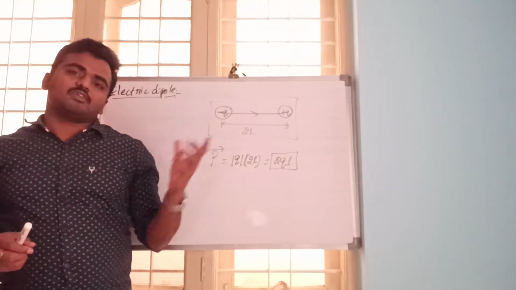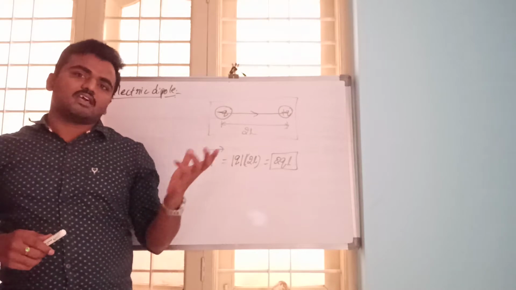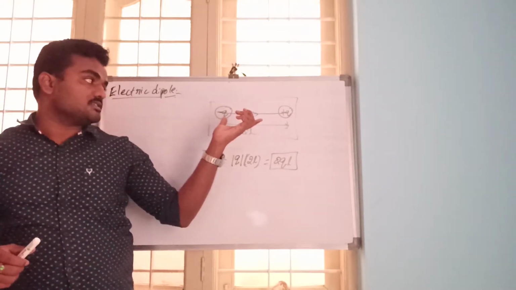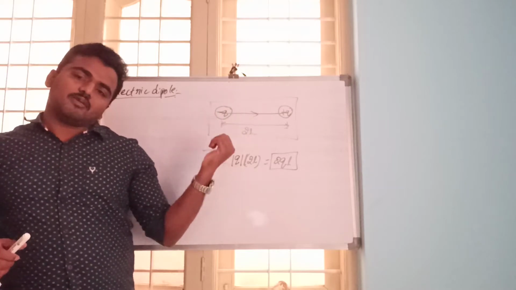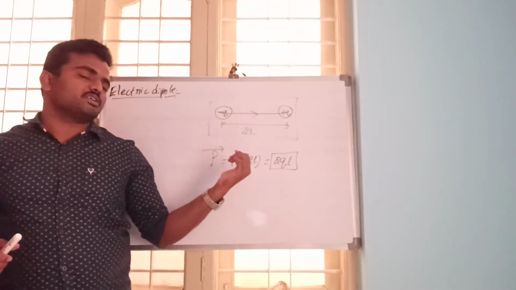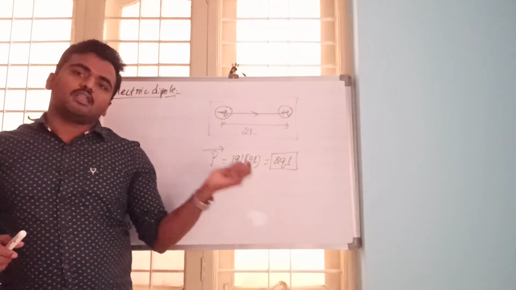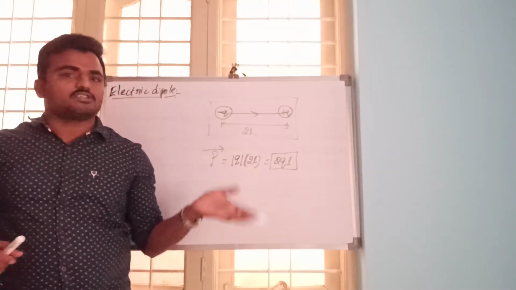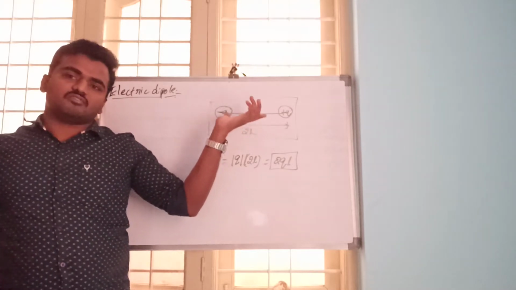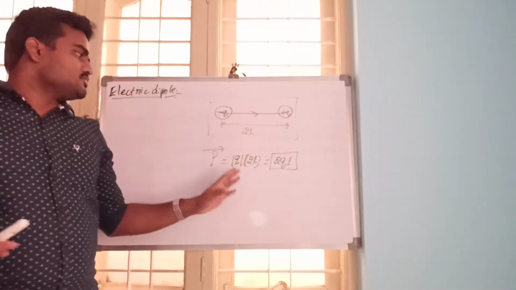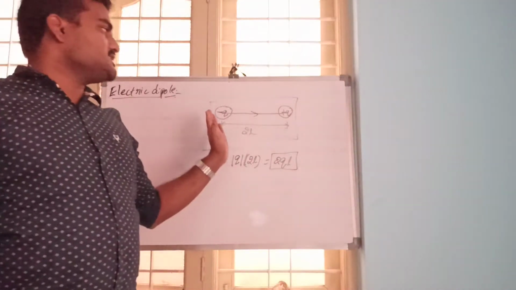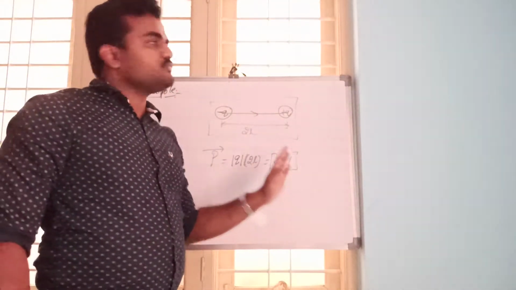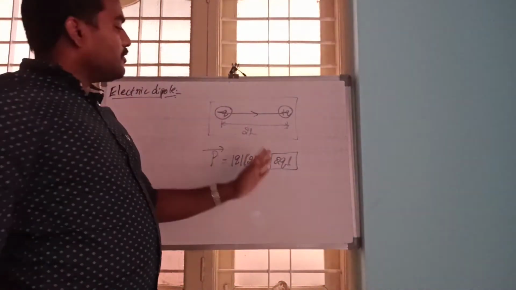That setup is called a dipole, and it has a dipole moment equal to the product of the length of the dipole and the magnitude of either of the two charges. We can take either one of the two charges. The dipole moment has direction from negative charge to positive charge. This is regarding the dipole moment.